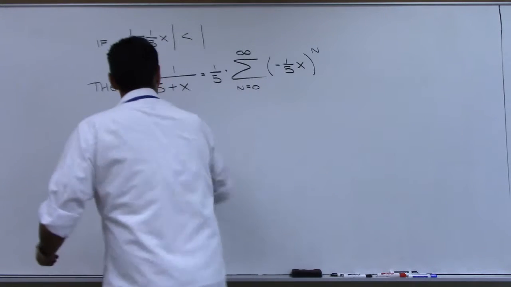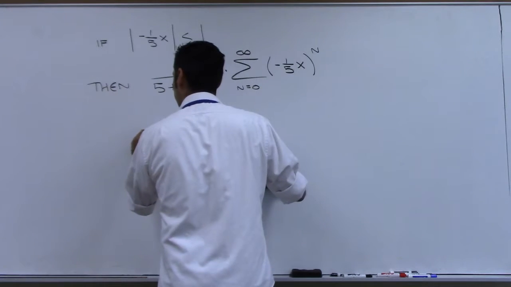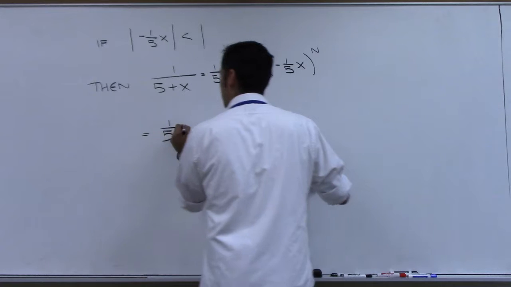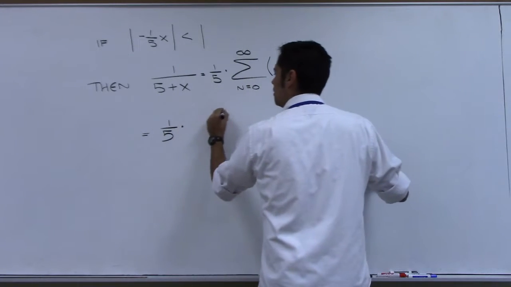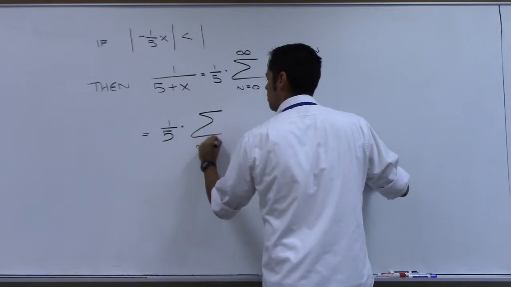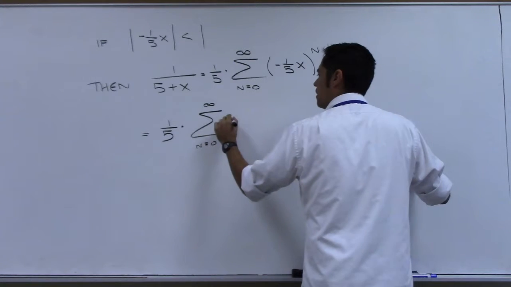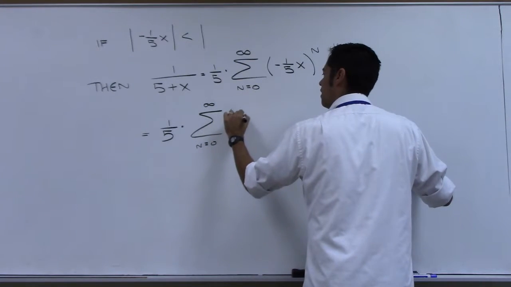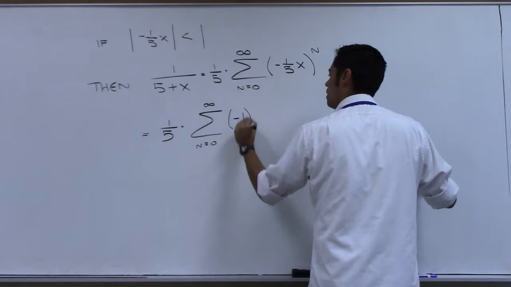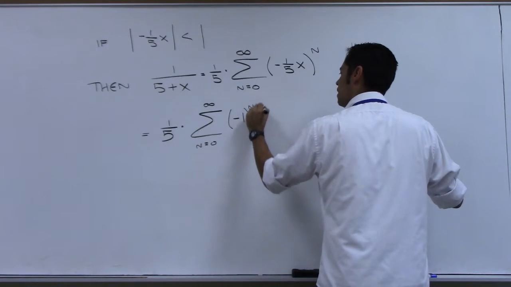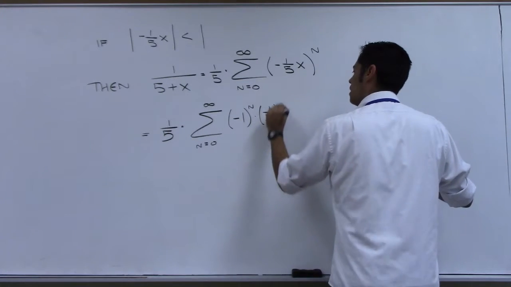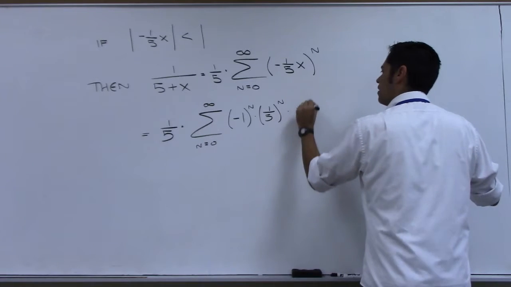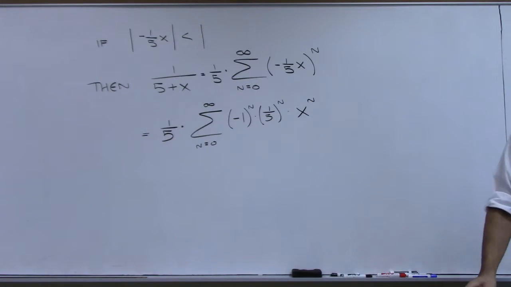So watch me do this. So this is equal to the 1/5 out here, okay? Sum n equals 0 to infinity. Now let me see how comfortable you are with this. Negative 1 to the n times 1/5 to the n times x to the n. So what did I do there?